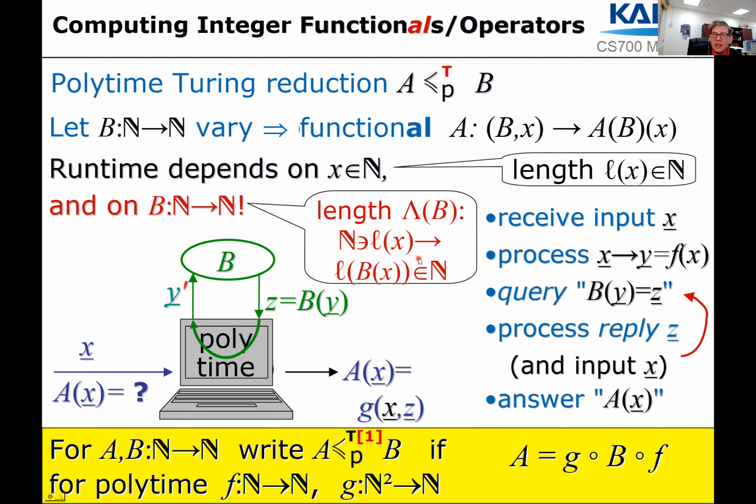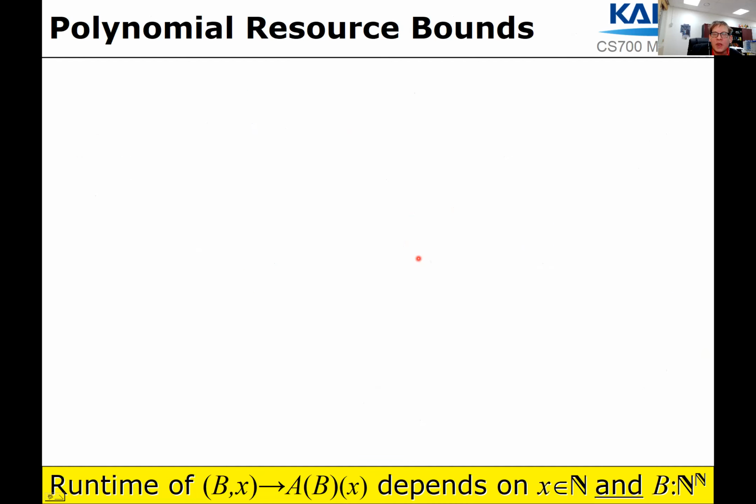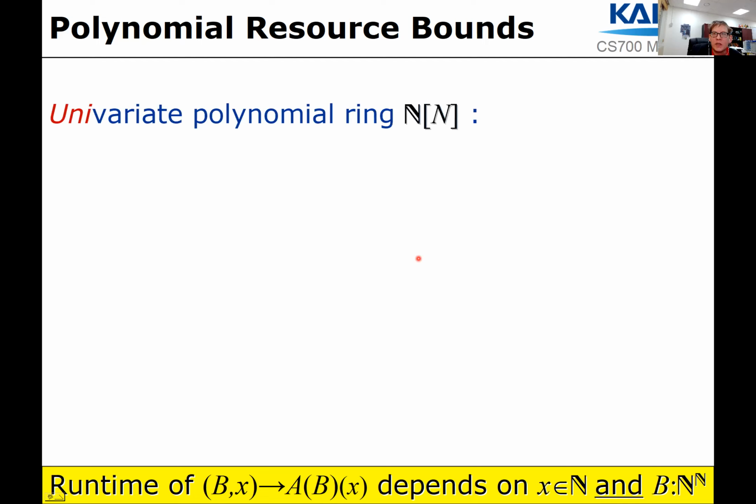And this is exactly the topic of the next slide, where we review and generalize various polynomial resource bounds. So the first resource bound are our standard univariate polynomials over natural numbers, right? It's no loss of generality to consider only natural number arguments. Real number arguments can be rounded to the next larger natural number, and negative integer arguments can be dropped anyway.